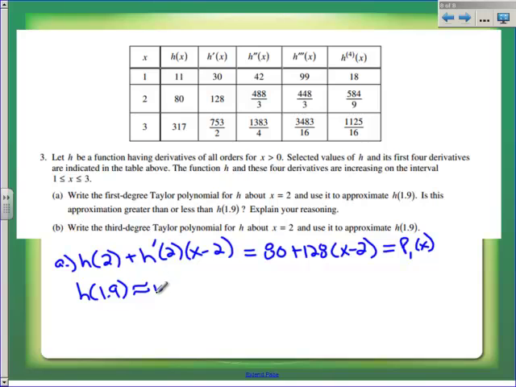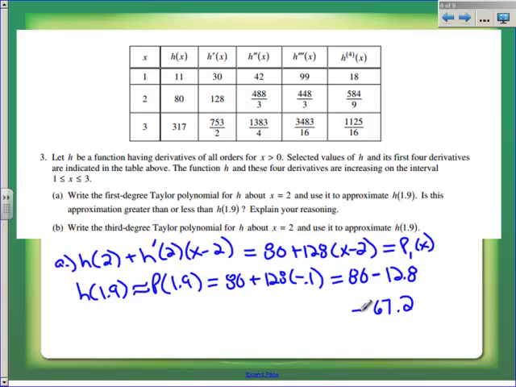So h of 1.9 is approximately equal to the Taylor polynomial at 1.9, which would be 80 plus 128 times 1.9 minus 2, which is negative 0.1, which is 80 minus 12.8, which would be, what is that, 67.2? There's no way I could have figured out exactly what h is because I don't have the function for h, but I can approximate it.